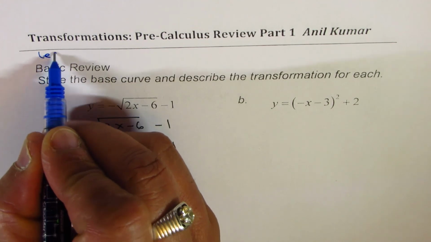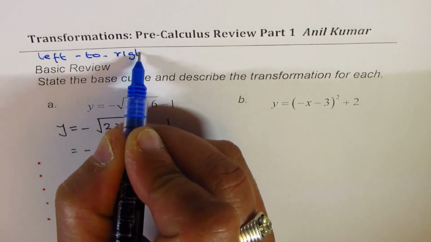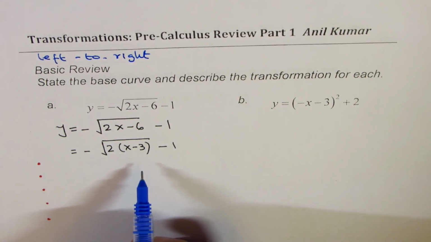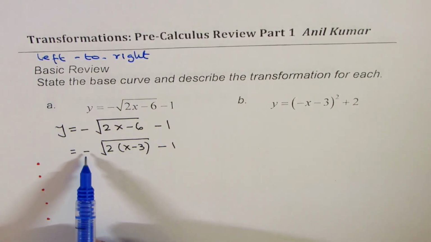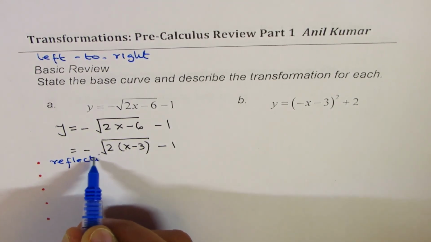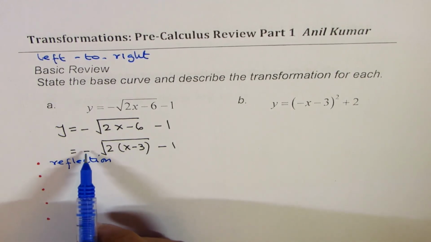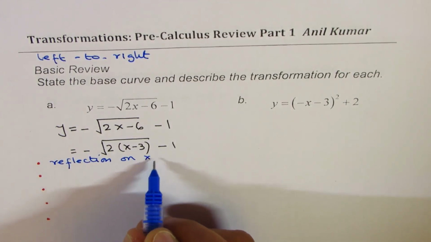Either you could go from left to right to describe, right? In that case, you land up in the correct order also. So let's move left to right here. So this minus means reflection on which axis? So outside terms are all vertical. So this is reflection on the x-axis.